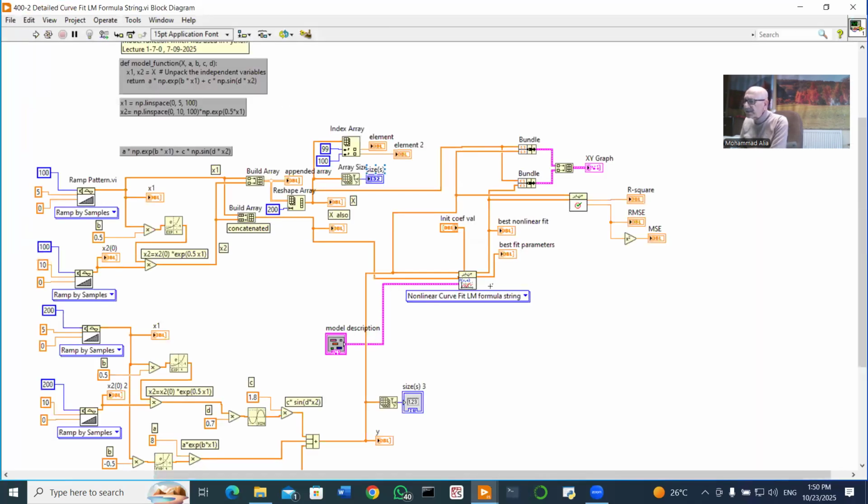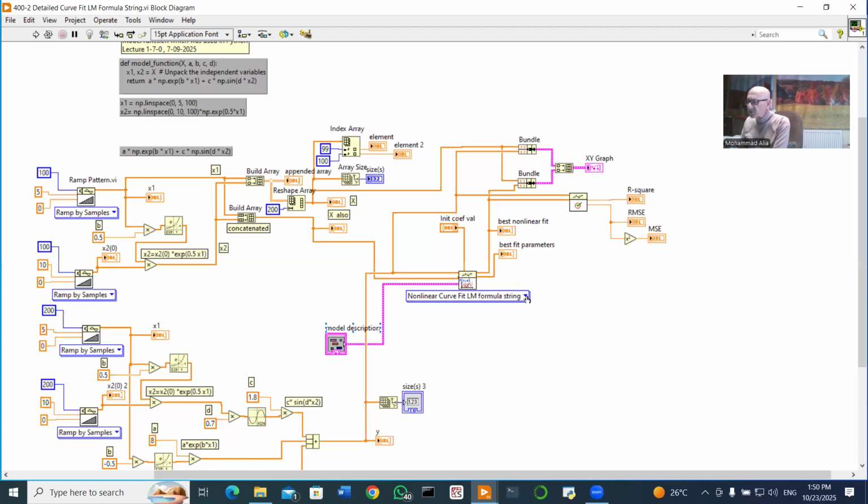So as you see here, in this function, we have selected the option nonlinear curve fit LM formula string. We added a formula string here, which is close or the same to the real dataset trend.